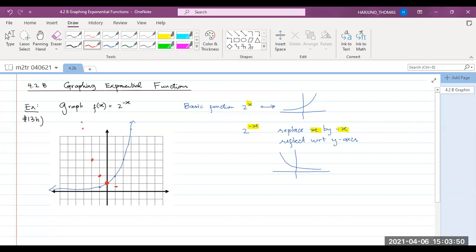So 2 to the negative x will look like this. This is y equals 2 to the negative x.